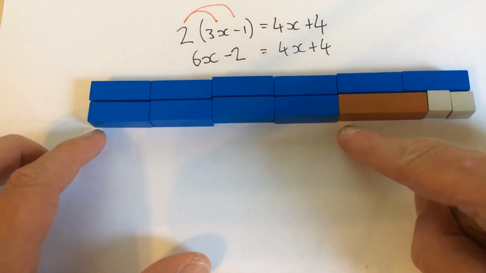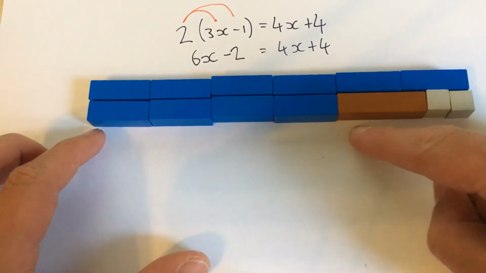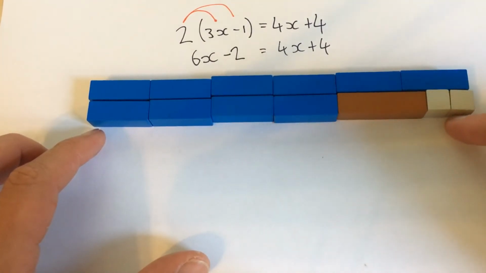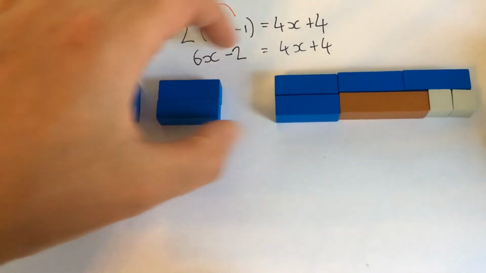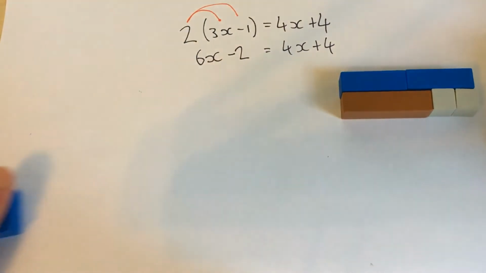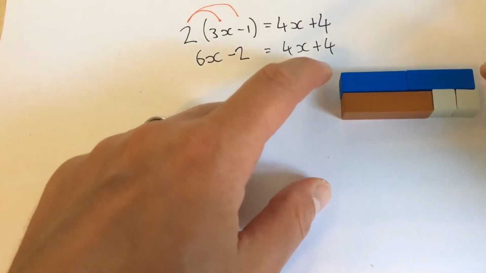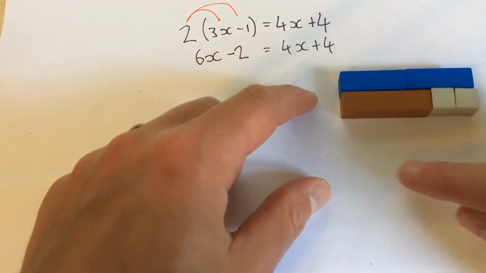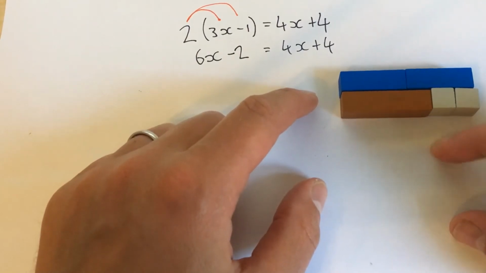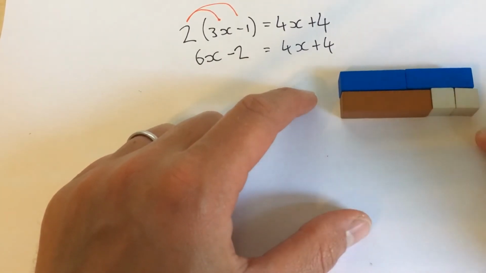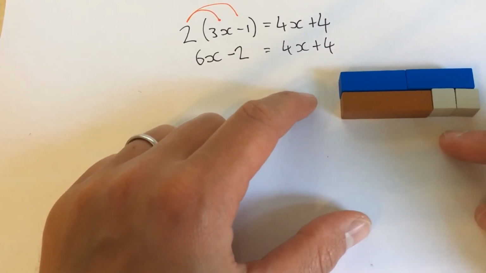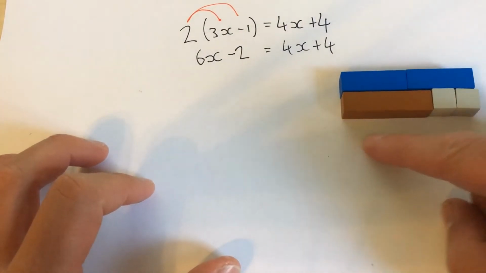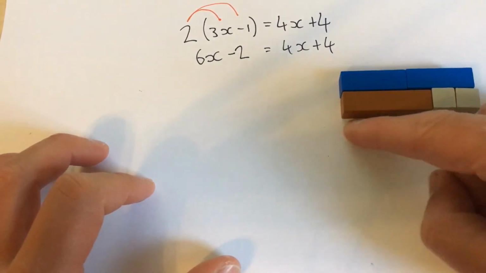So this here was 4 plus the 2. So this here is now 6. And we can also notice that all of these, 1, 2, 3, 4, they equal each other as well. So now we have 2x equals our 4 plus the 2. In other words, 2x equals 6. And from that we can see that 1x equals 3 by halving this value here, which is 6.